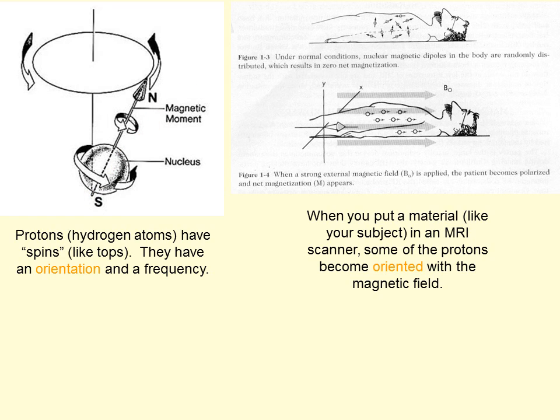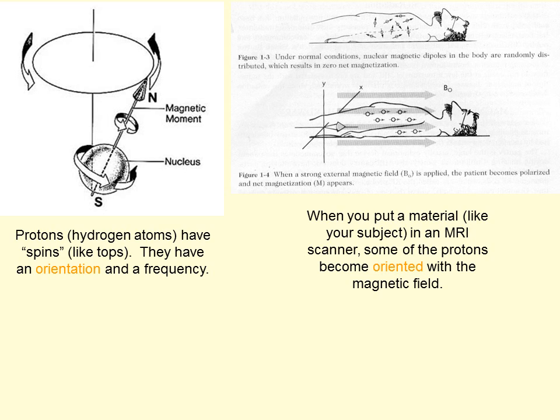Now, the frequency is how rapidly it's spinning, how many times per second it rotates, and when the proton is in a higher energy state, perhaps because you've heated the person up, it'll be spinning faster. But the key thing to think about on this slide is the orientation.